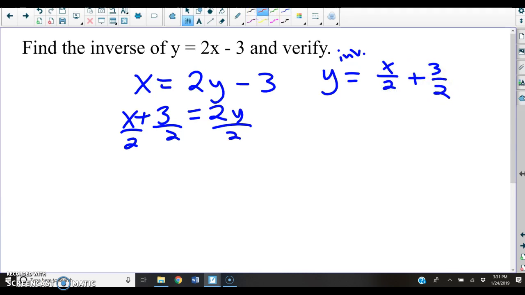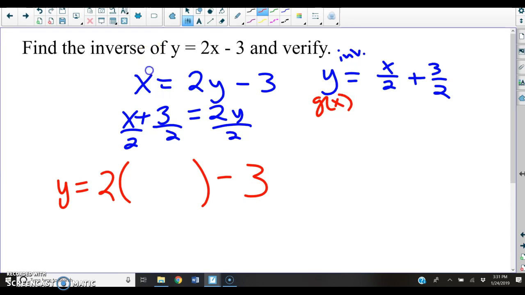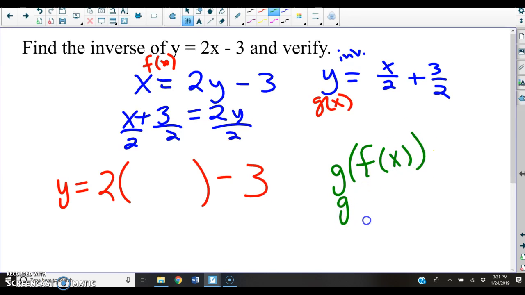Okay, now we're supposed to verify. So that means if I take the first function and I do f of g of x, so this is my g of x, this is my f of x, and then the other one, I'm going to have my g of f of x. So I'm going to do the g of 2y minus 3.